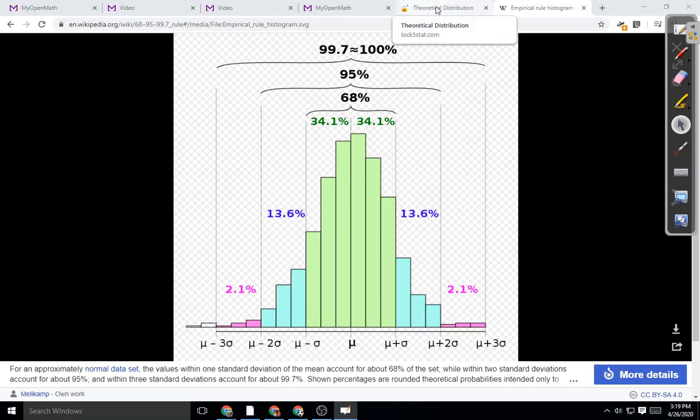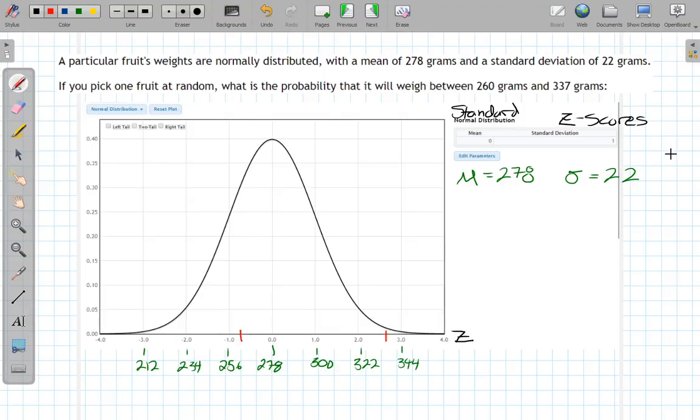And if we look at my sketch here, I'm trying to estimate, and I'll calculate this in a second. Again, I can't answer these questions without drawing a picture. So if you're not drawing pictures, then you're only doing half the work. So this smoothed out histogram represents all possible fruits.